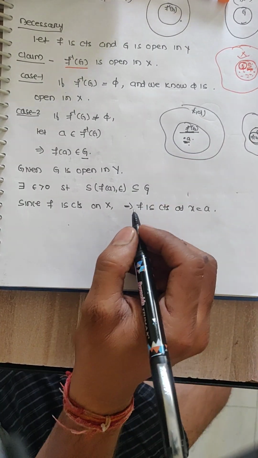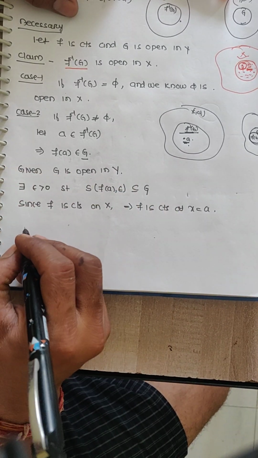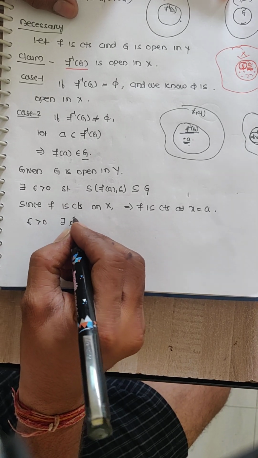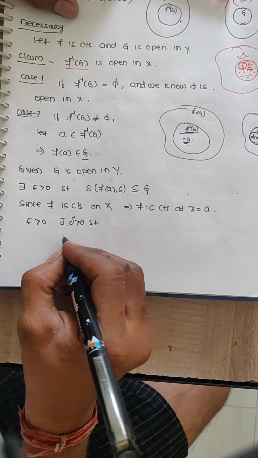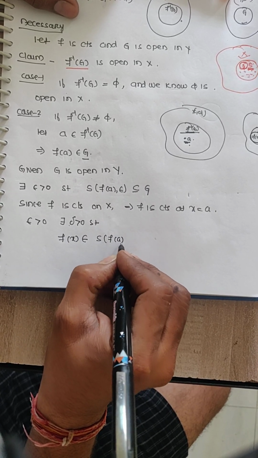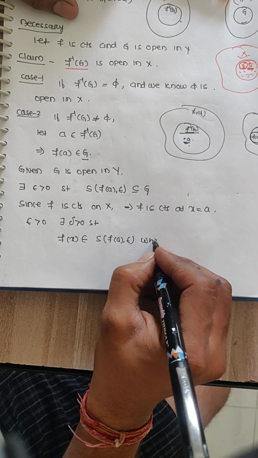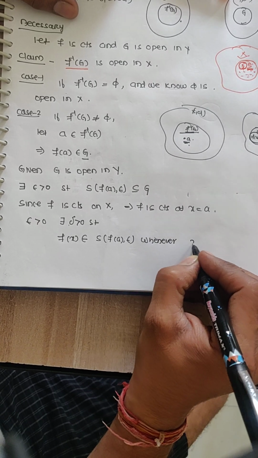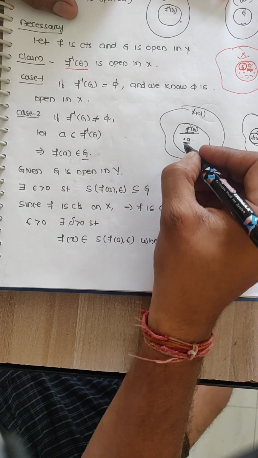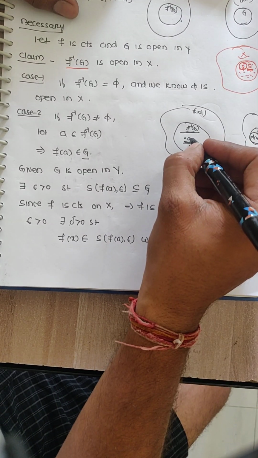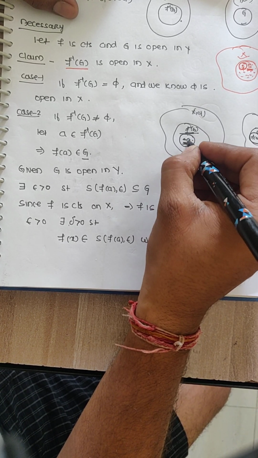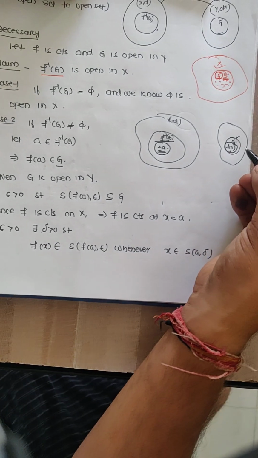So since the function is continuous at this point, by the definition of continuity, for epsilon greater than 0 there exists delta positive such that f(x) belongs to S(f(a), epsilon) whenever x belongs to S(a, delta). So if the function is continuous, for a given epsilon there exists a neighborhood of a such that whenever x is inside it, its image falls inside the ball.